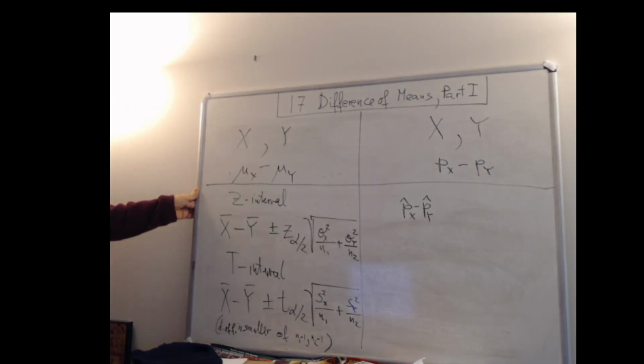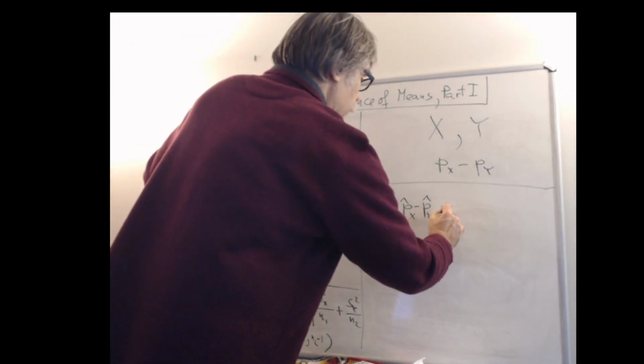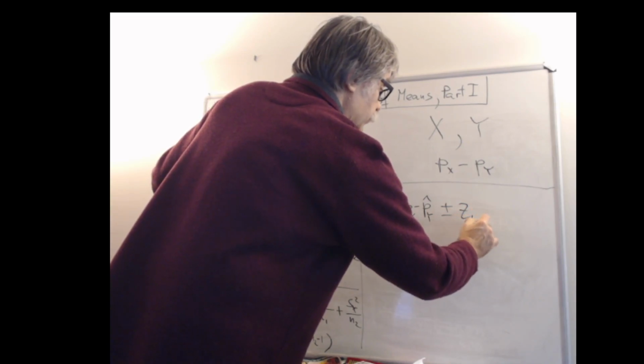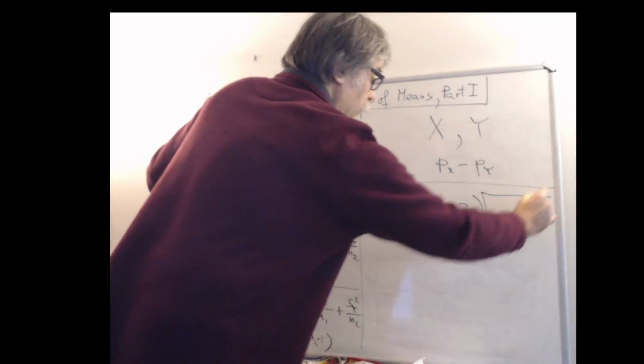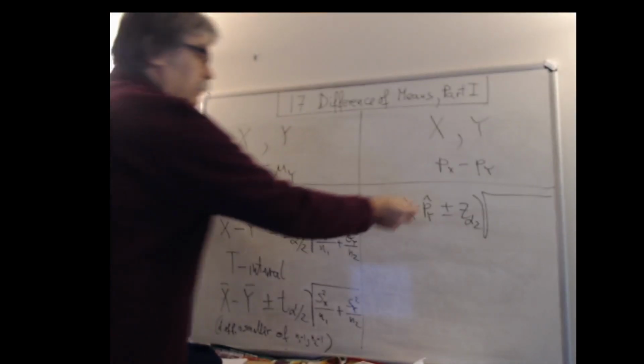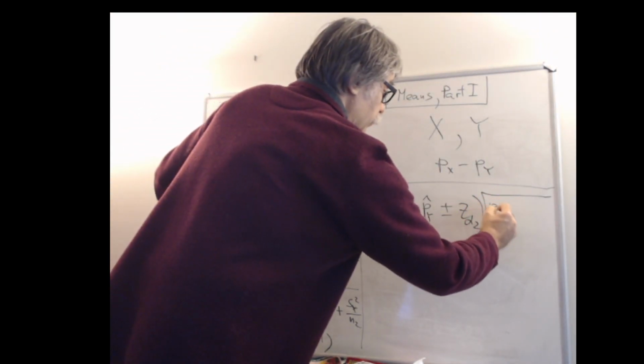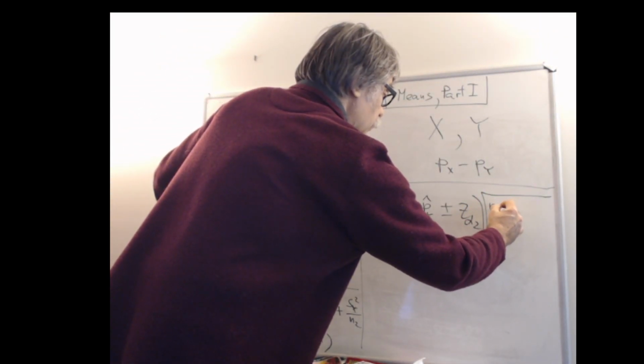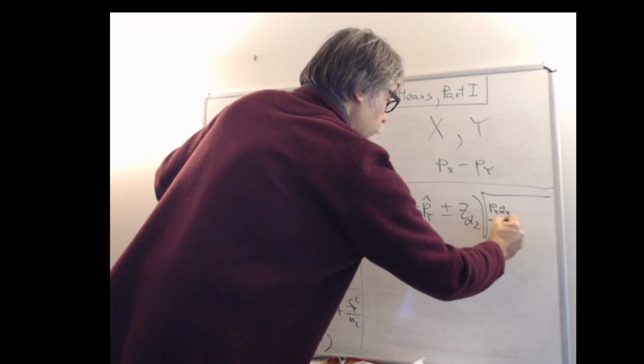So the proportion of one sample minus proportion of another sample, give or take, z critical value, and now you have the variance of this guy, which is going to be the following.